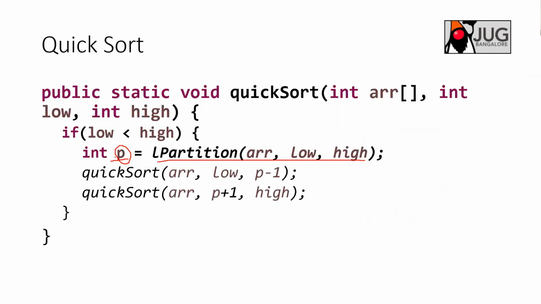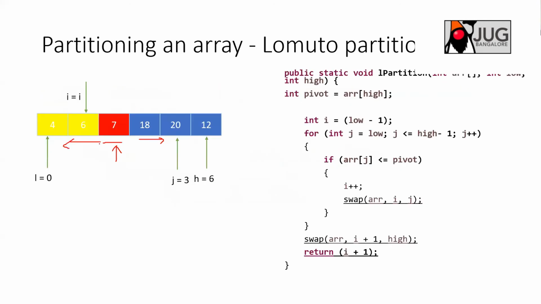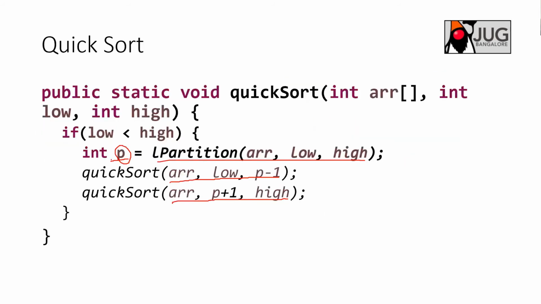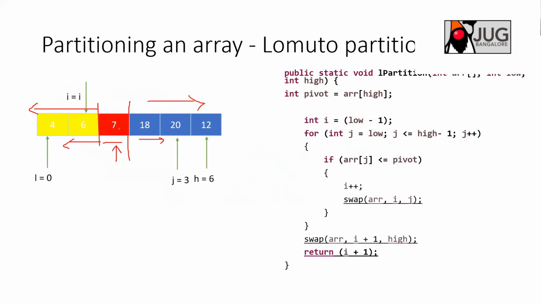You ignore the pivot element, and you call quicksort on the left array till pivot minus 1, and on the right array from pivot plus 1 to high, because you know that 7 has already reached its right position. So that is what I'm doing here. I got the position here, the 7th position, this 0, 1, 2.